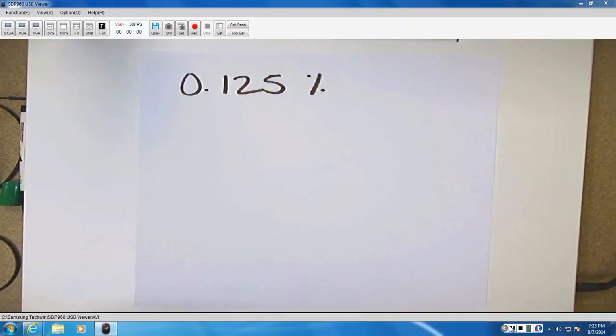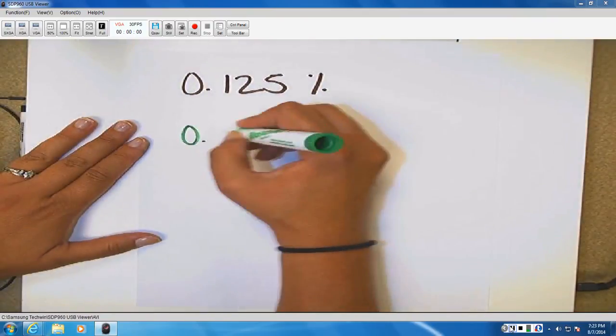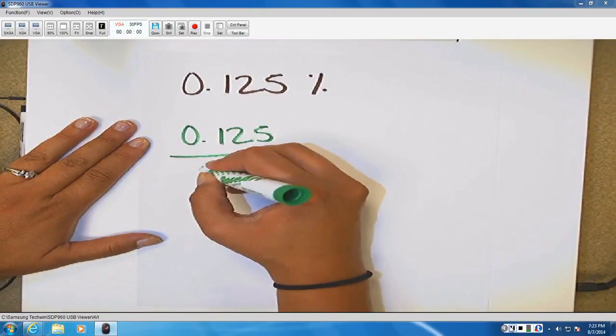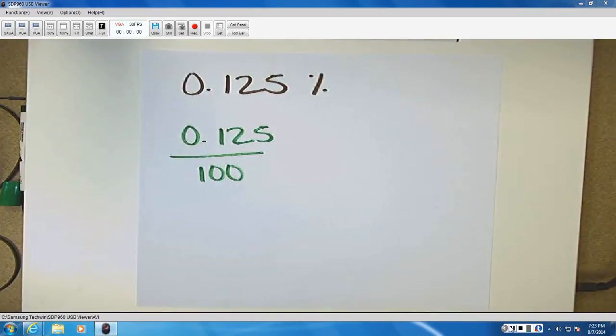Here's another one. Let's take 0.125%, or 125 thousandths of a percent, and let's turn it into a fraction. So I'm going to set it up just like I have been. 0.125 divided by 100. But first I'd like to take this decimal and turn it into more of a whole number.